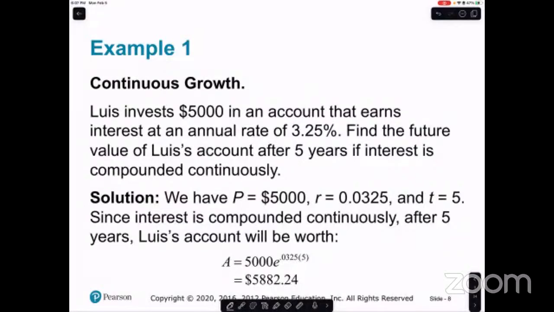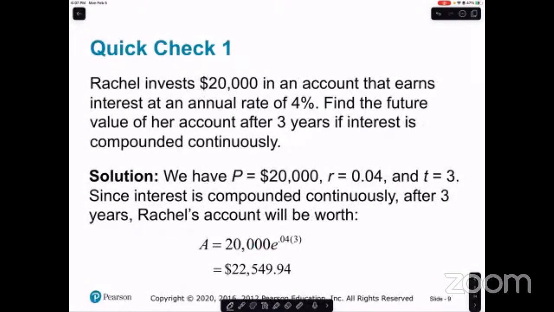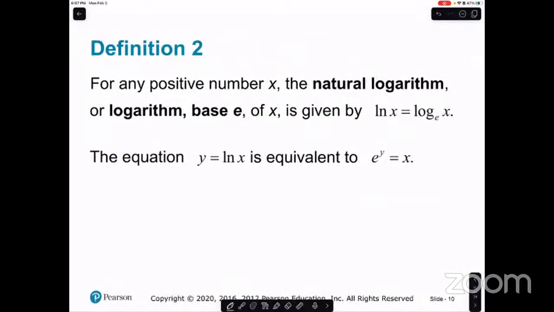Okay, let's keep going. I'm going to leave this as an exercise. For any positive number x, the natural log or log base e of x is given by this, right? So the natural log is just the common log base e. You can either work it in terms of natural log, just keep in mind that that's the same as log base e. Sometimes we'll switch it to this form, depending on the context and what we're doing.